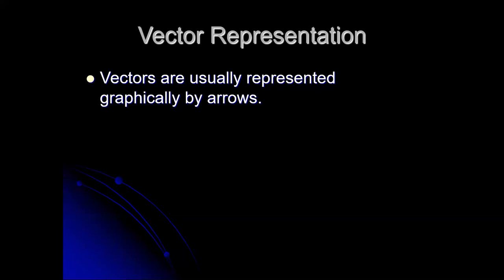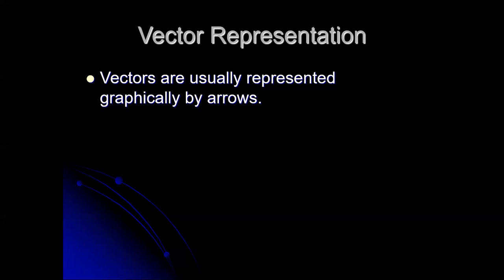Motion or direction is generally implied to go from the tail of the arrow to the head of the arrow, from the blunt end to the pointy end. So the direction is built in. We need something to represent size. And the most natural thing to represent the quantity, the magnitude, or the size of the vector is length.